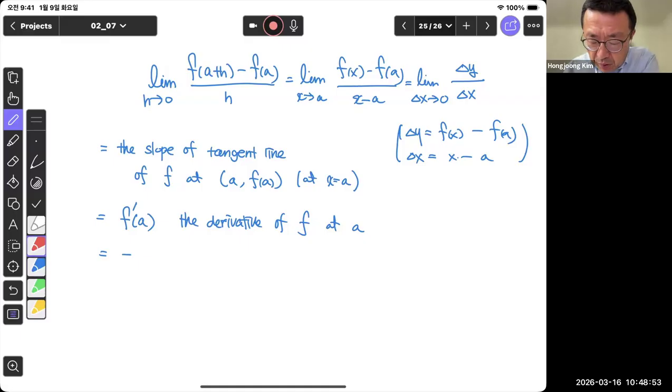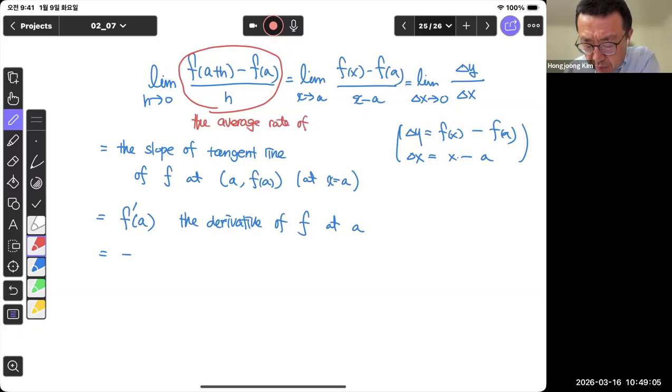So this was called the average rate of change of f from a to a plus h.